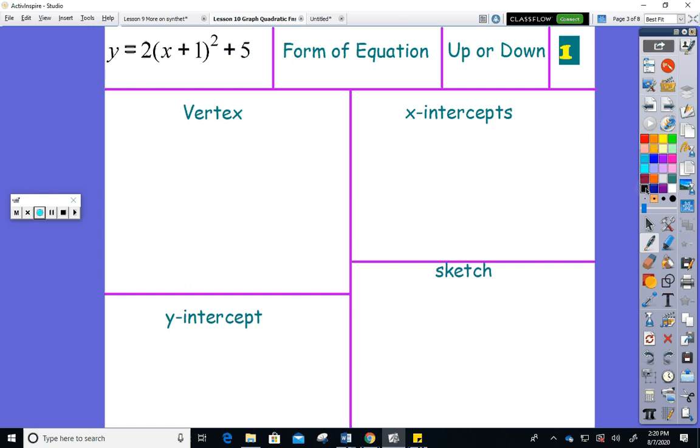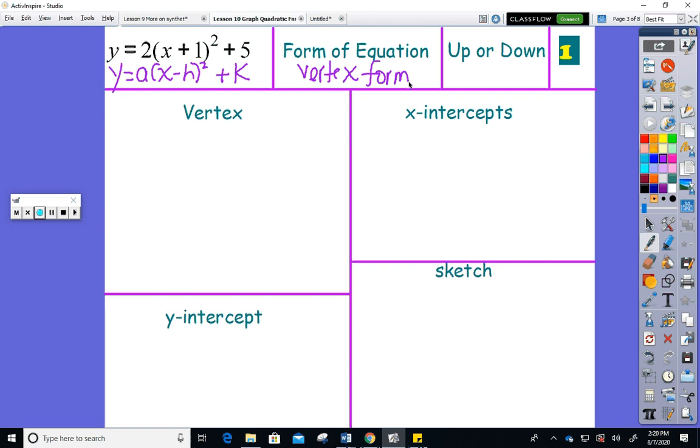Do you see that this first one is in the form y equals a times (x minus h) squared plus k? That means we are in vertex form. That means finding the vertex is going to be super easy.